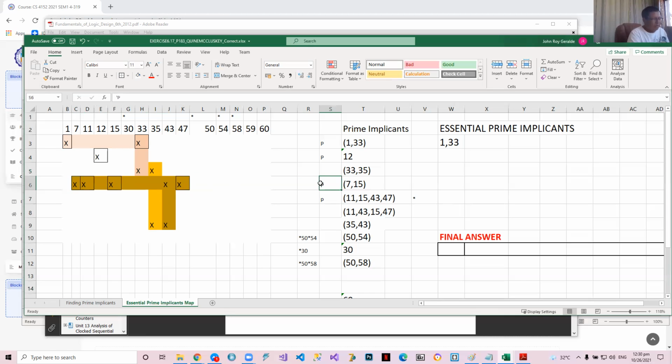So we'll remove 7 and 15, okay? Do you follow? Do you follow? Okay? I'll check this out. So these are the essential prime implicants. Okay? 133. So what's 133? We have 12. And then we have this.